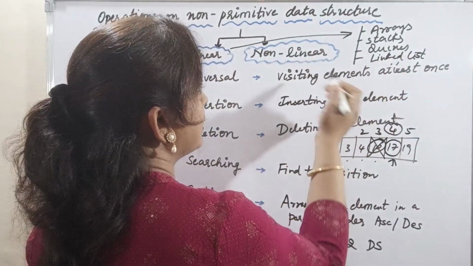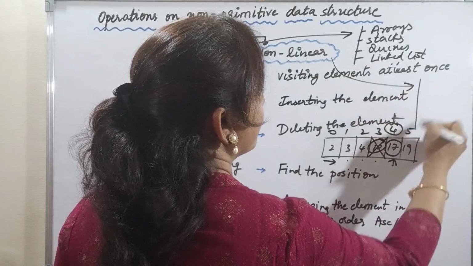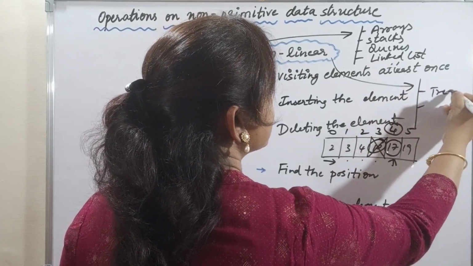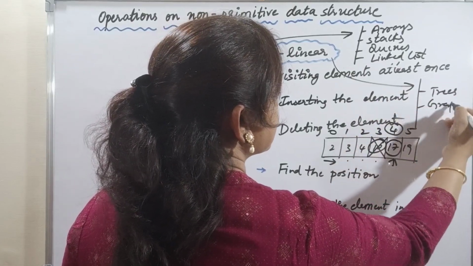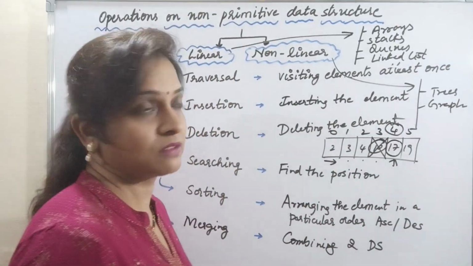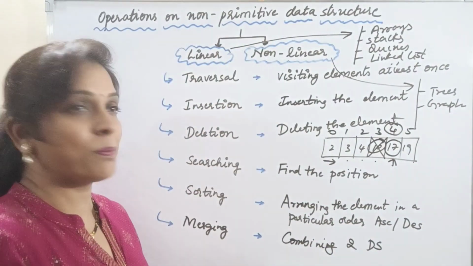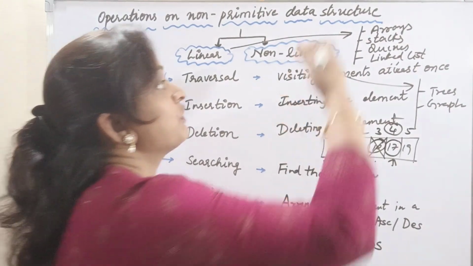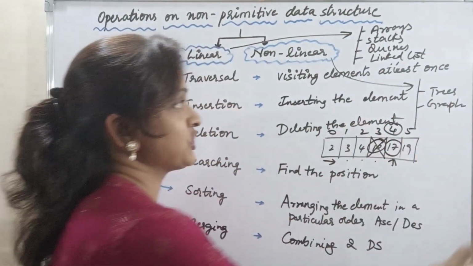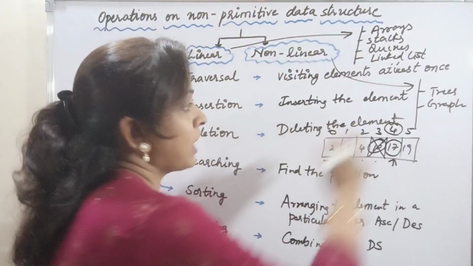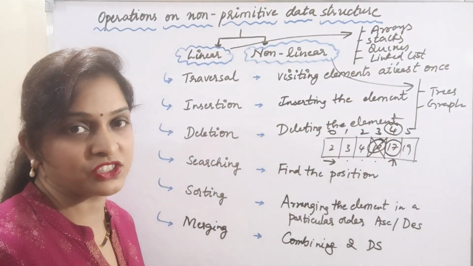Talking about the non-linear, we have trees and graphs. These things I have explained in the previous video itself. So now it's time to get into all these operations one by one with respect to linear and non-linear data structures.